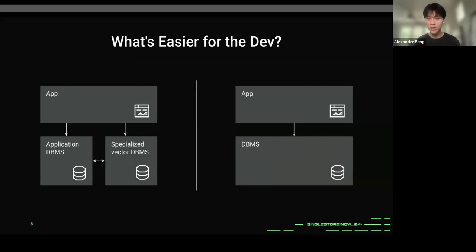Using an application with all of these OLTP and OLAP systems and search systems and caching systems, all connected by data pipelines and transformations that you have to maintain, and adding a specialized vector database on top of it, or consolidating all of that into one single database that can handle both transactional and analytical workloads, and structured and unstructured data, right?